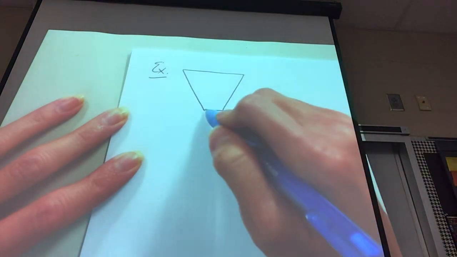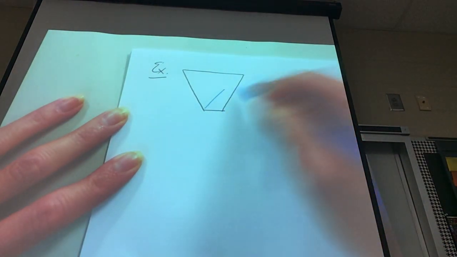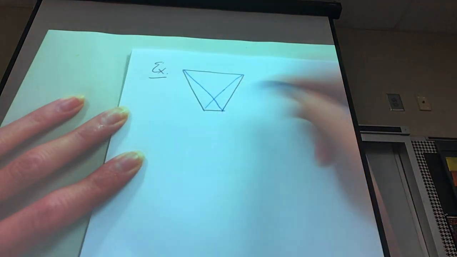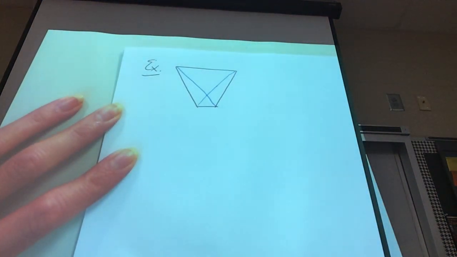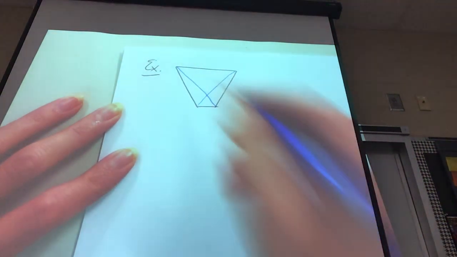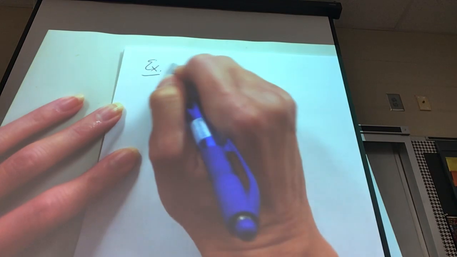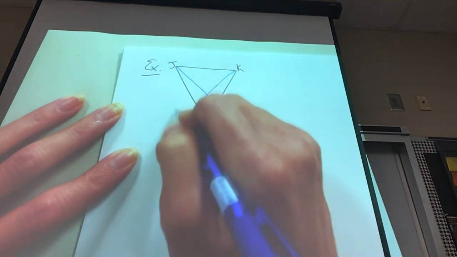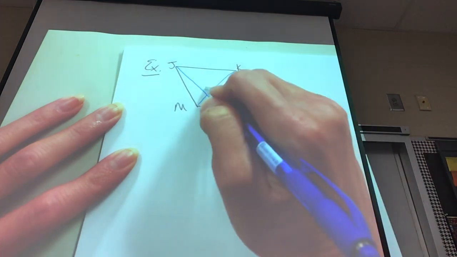Of course, it's kind of hard to draw a diagonal the way mine looks. Now, in here, I've got JK, LM. I've got N here in the middle.